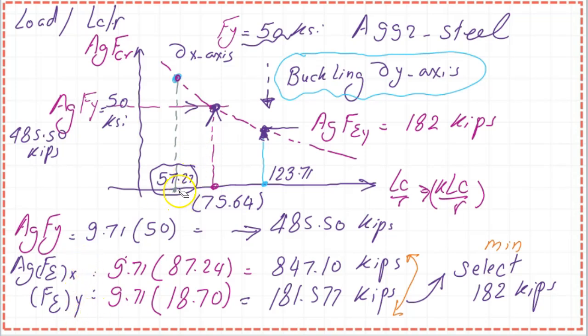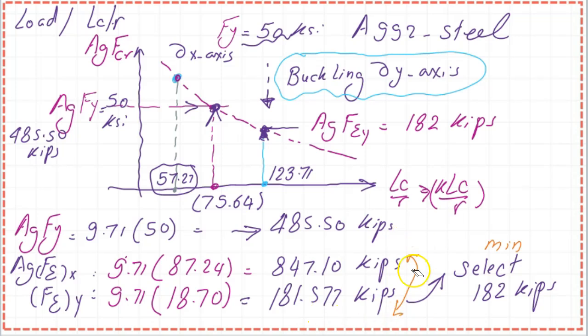And these are the two loads. One load is due to L sub C over Rx. This is a higher stress than 50 in the X direction, 90.71 by 87.24, this is the stress. And for L sub C over Ry, this will give us stress equal to 18.70. When we multiply by the gross area, will give us 181.577.